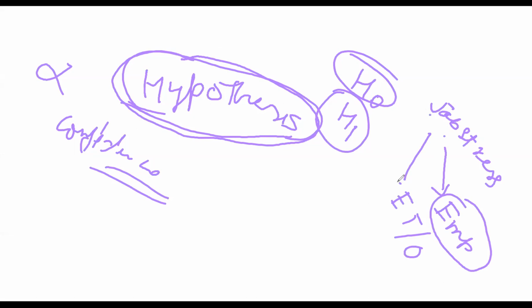Job stress is positively related to employee turnover. Positively related means if one is increasing, the other is also increasing. Negative relationship means if one increases, the other decreases. So that is the hypothesis.